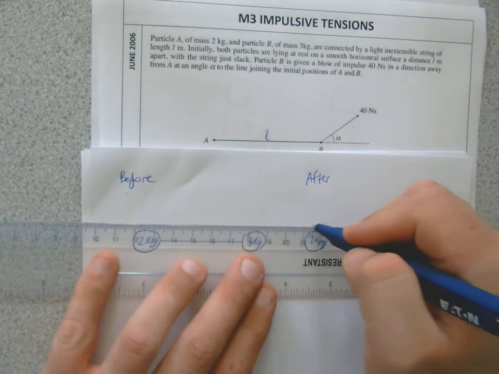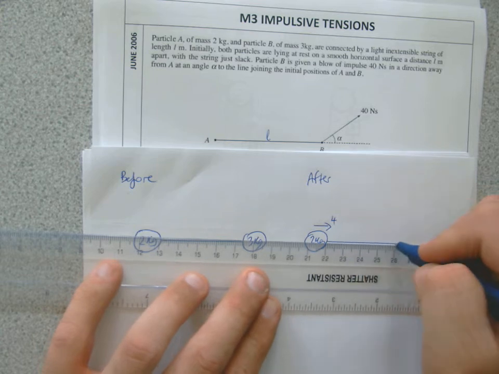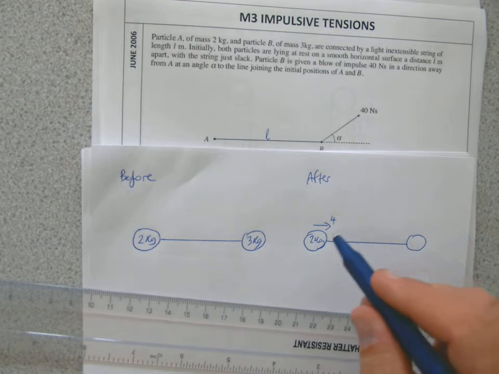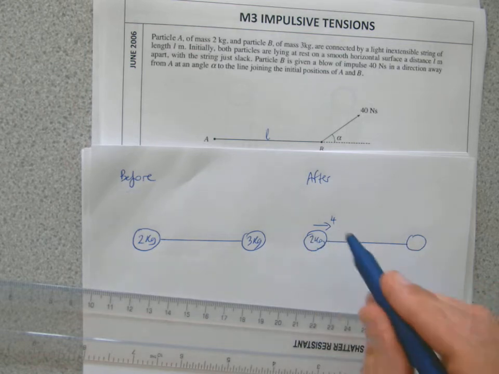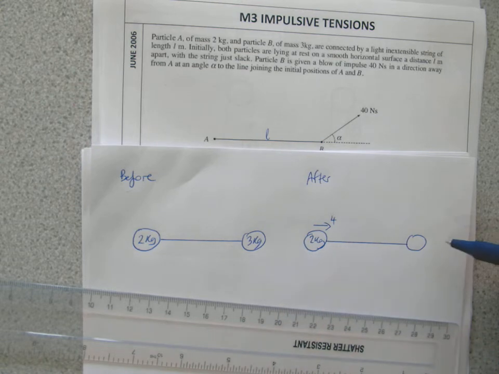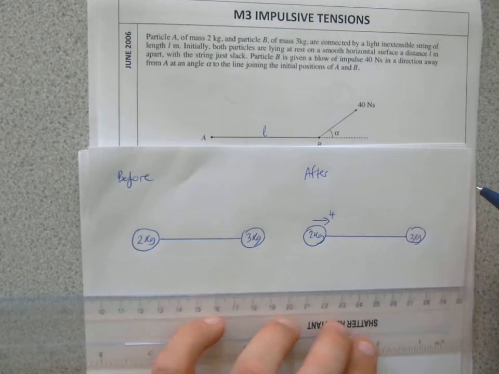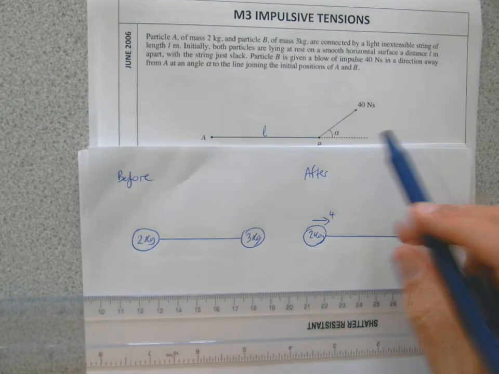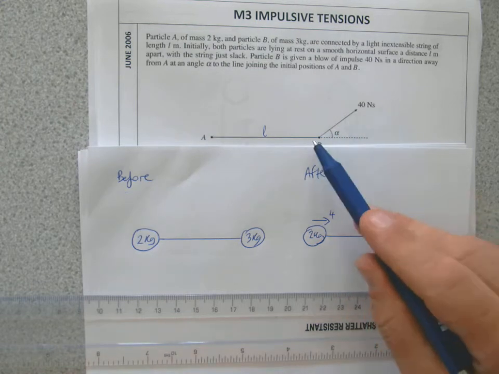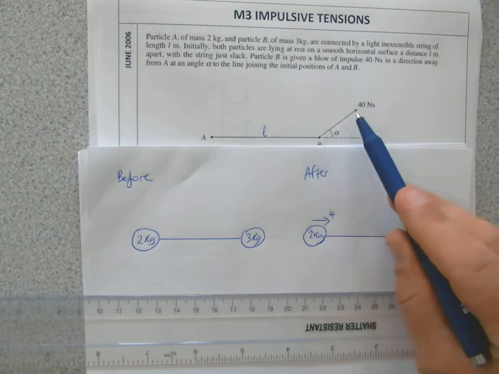What's good is I know the direction it's going to be traveling in is the direction of the string, because it'll be pulled by that string. So the speed of 4 meters per second is in the direction of the string. However, particle B, 3 kilograms, will be going at that angle, because that's the direction of the impulse, so B shoots off in this direction.